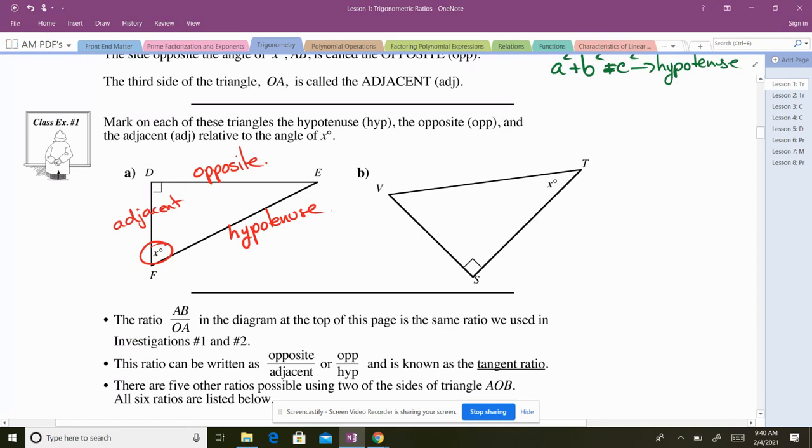Now if you're standing here, and that was the angle you were talking about, where would the opposite be? It'd be right here, right? So the opposite and the adjacent can change depending on what position you're in.